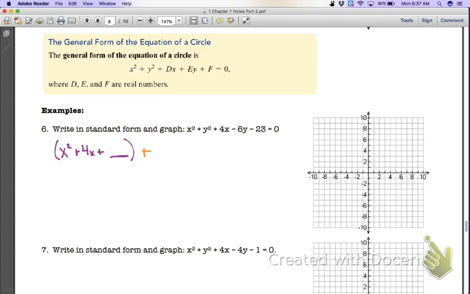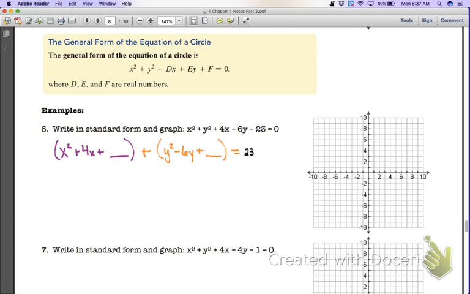So plus, and then y squared minus 6y plus, I'm going to leave myself a little blank, and then equals, if it's negative 23 on the left, it's going to be a positive 23 on the right.